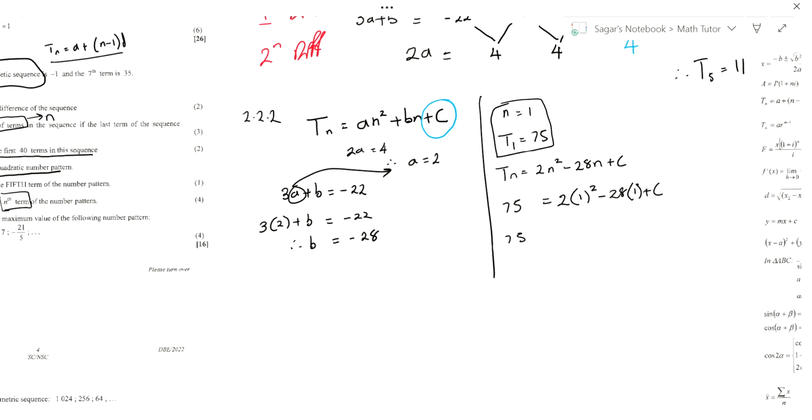So 75 is equal to 2 minus 28 plus c, and c is equal to 101.